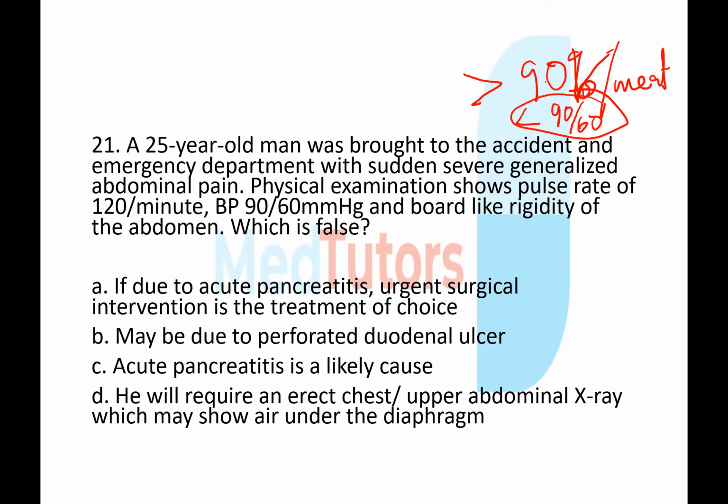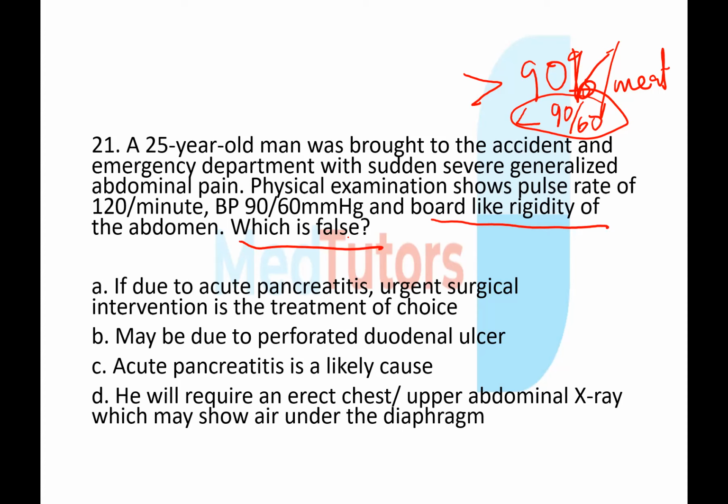And of course, you can see he has generalized abdominal pain with board-like rigidity. That means he has peritonitis, and he presented to the emergency in shock. Okay. So they are asking for which is false. A, if due to acute pancreatitis, urgent surgical intervention is the treatment of choice.